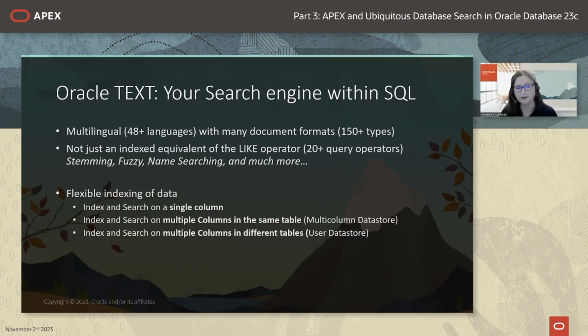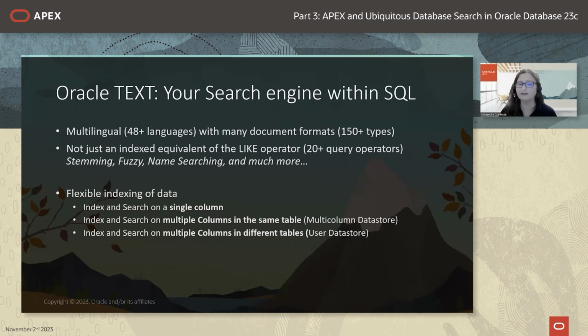Now, what is really important about using this kind of index is what kind of information can you grab into it? So typically, of course, you would be able to index a single column of textual data. This could be these PDF documents or just any kind of plain text that you have in there, blobs. But you also have the capability of indexing and searching against multiple columns that are present in the same table.